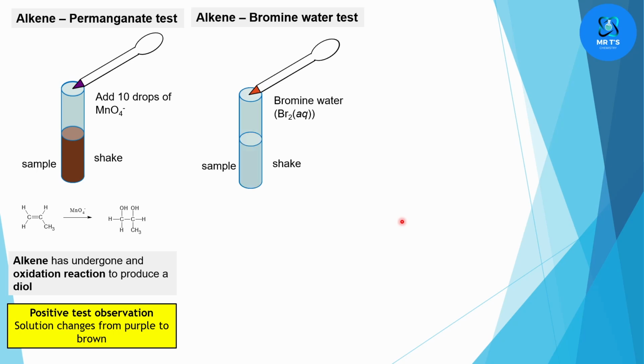If it goes colorless within 10 seconds, then we know that we have an alkene. What's happened here is an addition reaction. The double bond breaks, and the two bromines from the bromine molecule add to the carbons that were part of the double bond. So we get two bromines added.